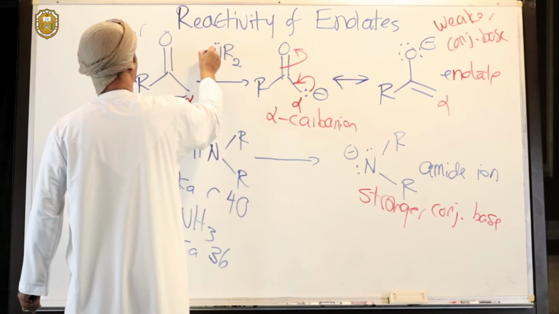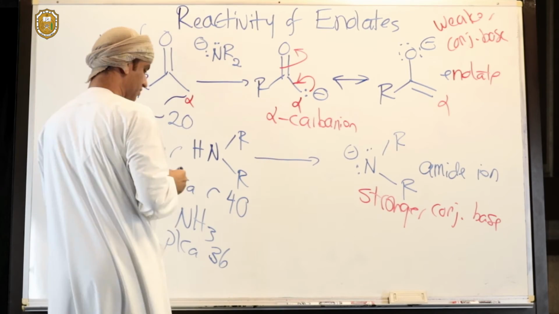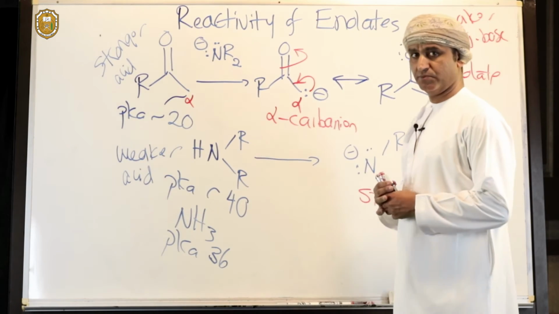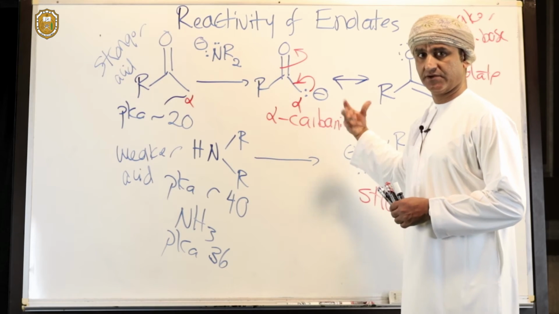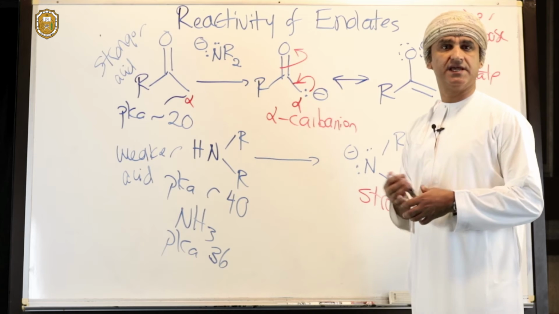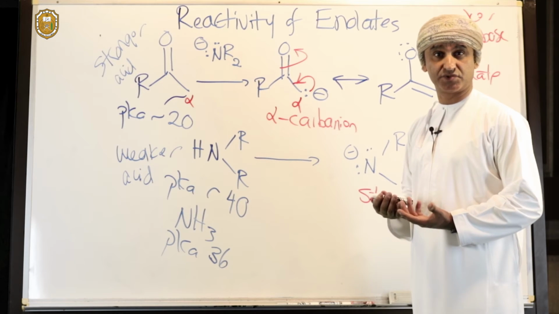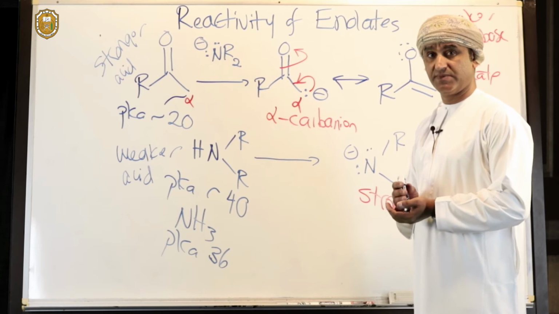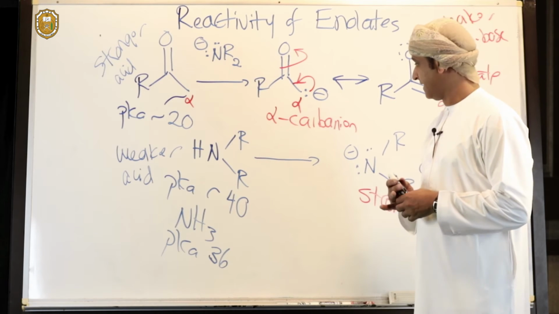An amide ion is a suitable base for the deprotonation of ketones at the alpha position to make alpha carbanions, and therefore enolates. This is all due to the pKa, the acid strength. The stronger acid should react with the stronger conjugate base, but not vice versa.